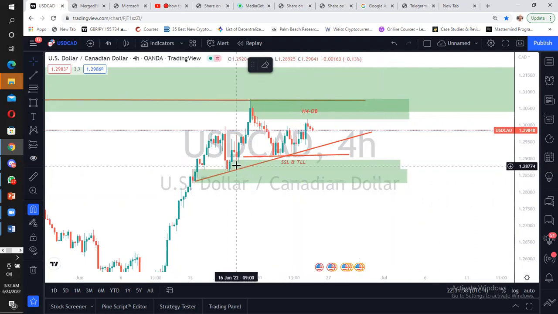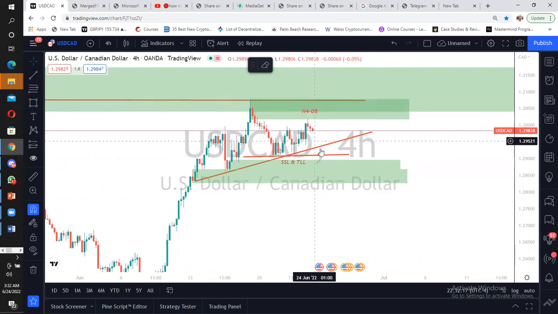And we'll have this OB here, which is a 4 hours OB. So what do we expect now? I'm trying to see a reason to sell this market down. A reason to sell this market down. All right.